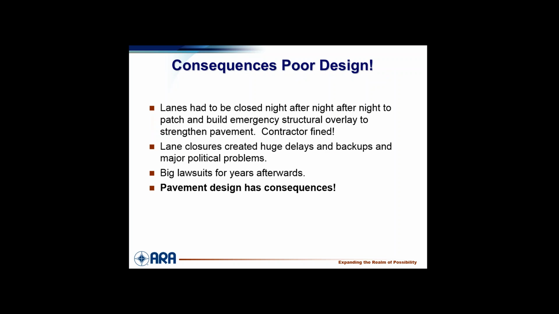Well, lanes had to be closed night after night, to patch and build emergency structural overlays to strengthen the pavement. Well, the contractor was fined big time because these design build contracts have clauses. You close the pavement down more than so much, wow, you're in deep, pay money. You can do it, but it was so bad that it became political, and then big lawsuits happened.